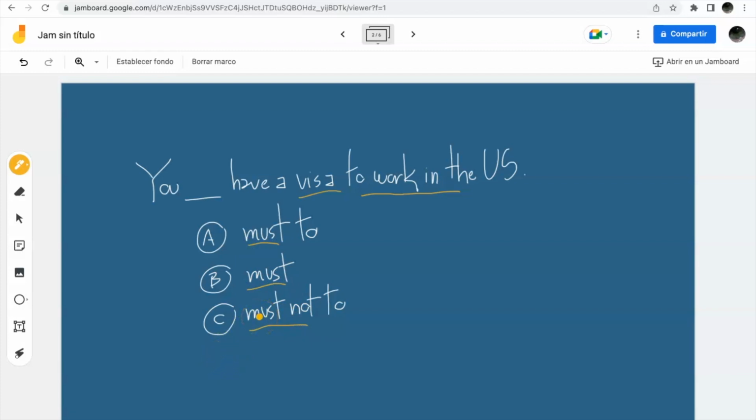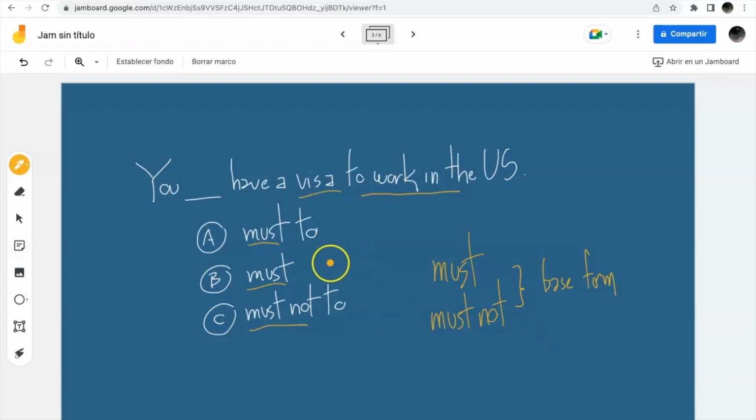If you remember, right after must or must not, you need the base form of the verb, not the infinitive.